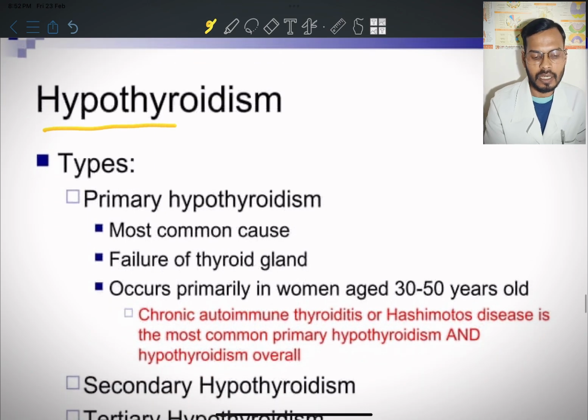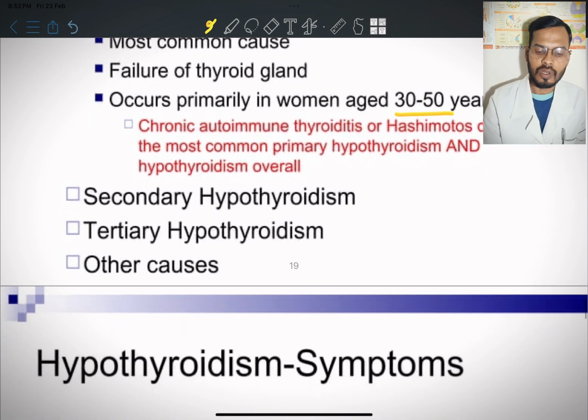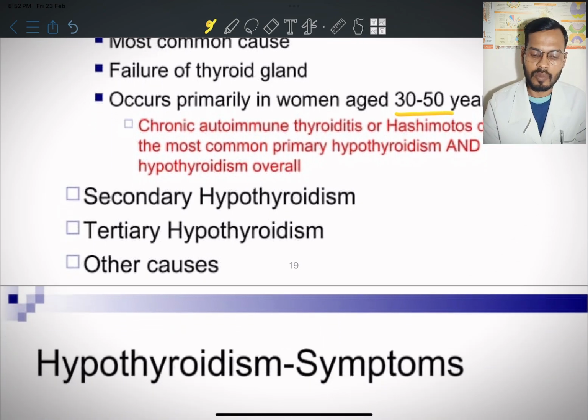Our topic is hypothyroidism. Primary hypothyroidism, the most common, is caused by failure of the thyroid gland and occurs primarily in women aged 30 to 50 years old. Chronic autoimmune thyroiditis, or Hashimoto disease, is the most common primary hypothyroidism and hypothyroidism overall.